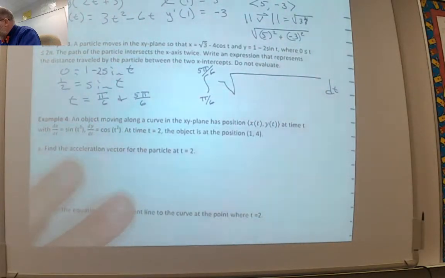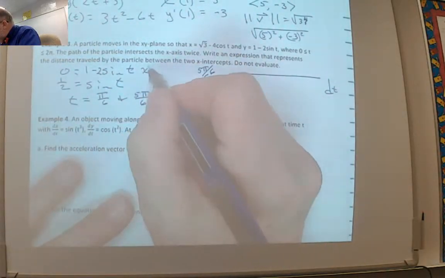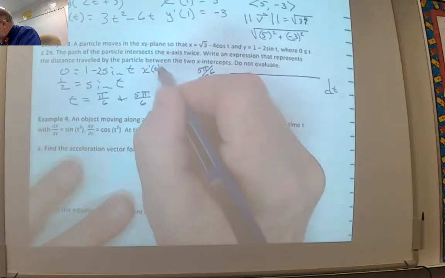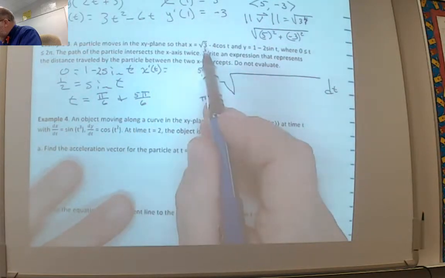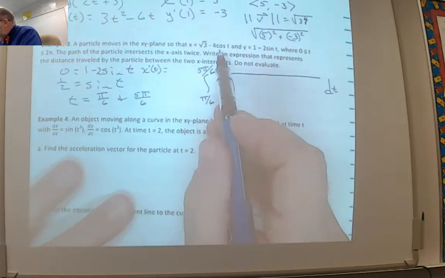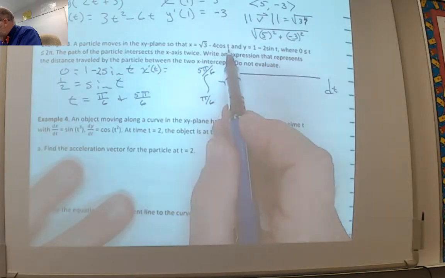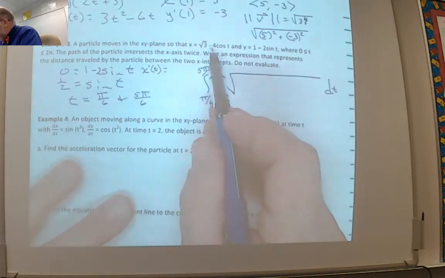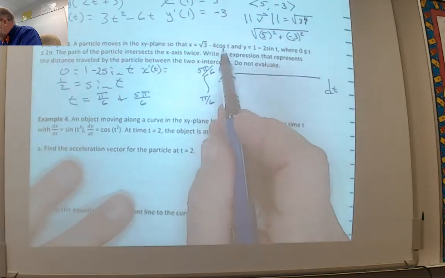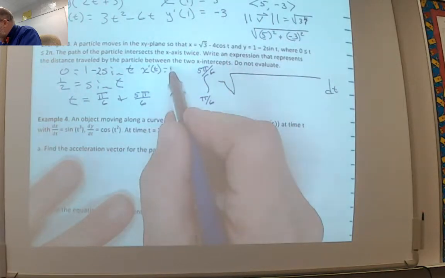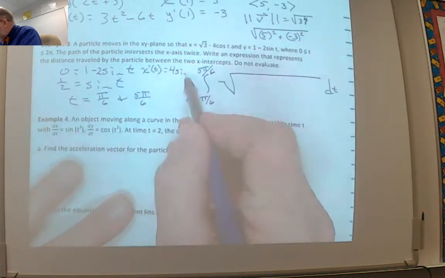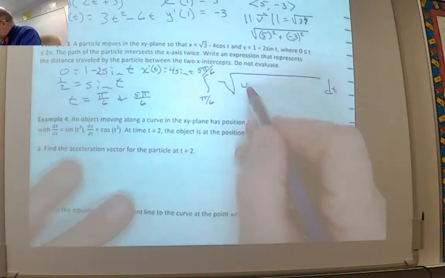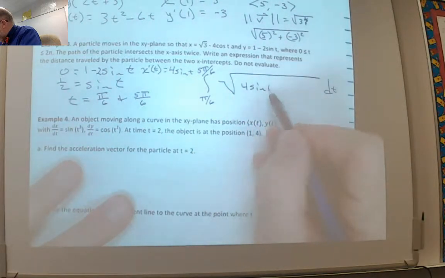What are you trying to do? Get the derivative of x. Okay, so the first derivative of x of t. Well, that'll be gone, correct? So what's the derivative of cosine? Negative sine. So you got negative 4 times negative sine, which becomes 4 sine t. So I'm going to put 4 sine t in here. What am I going to do to it? Square it.